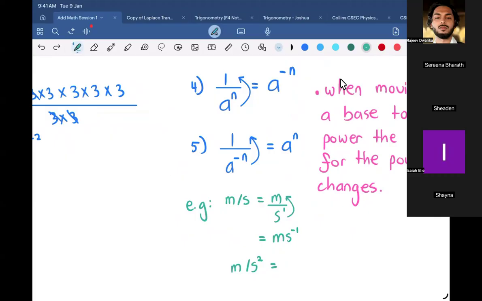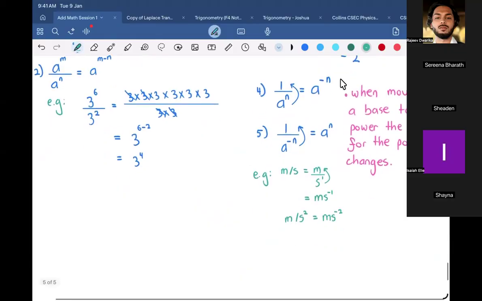You can attempt the question and send the answer to me. Shayna, do you know what m per second squared would be in terms of a negative power? Shayna? m s to the minus 2. Yeah, m s to the minus 2. Great.